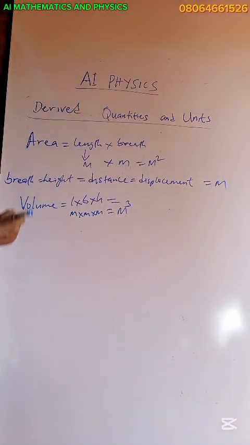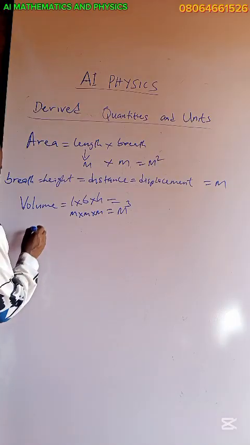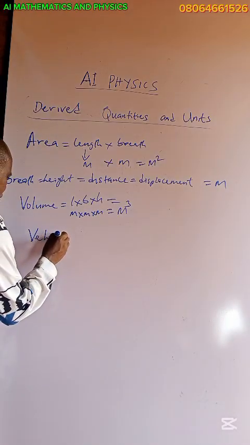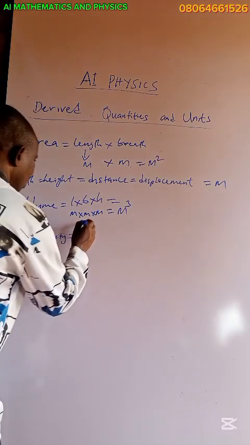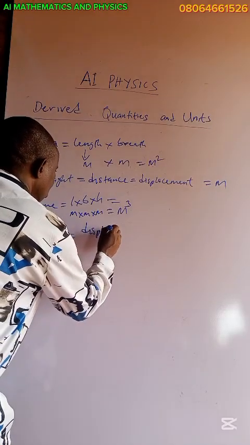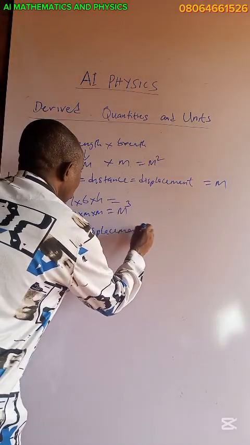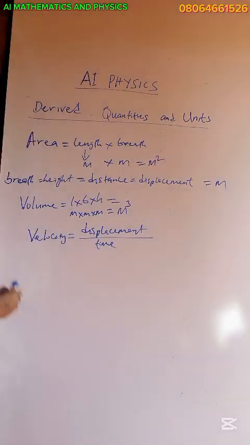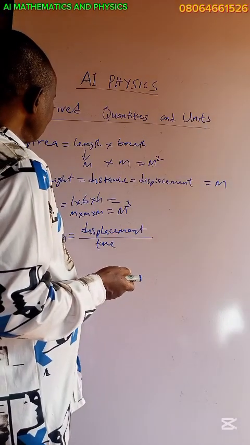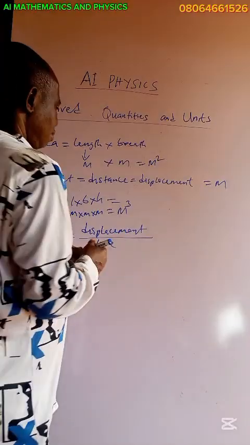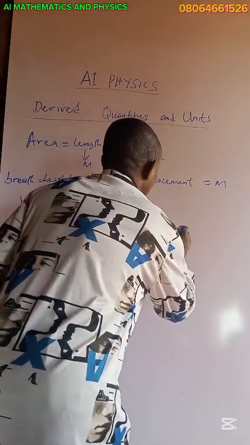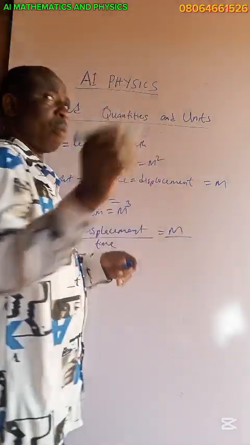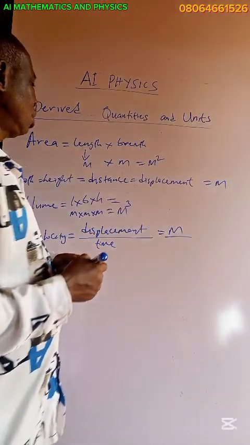Now, velocity is equal to displacement over time taken. From this, you know that displacement is meter, and our time from the fundamental quantities is what? Seconds.